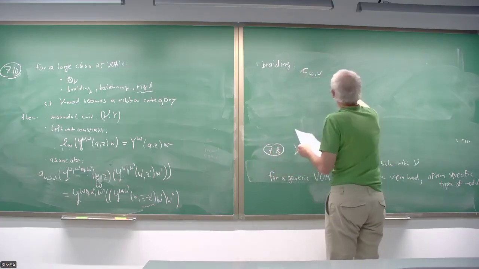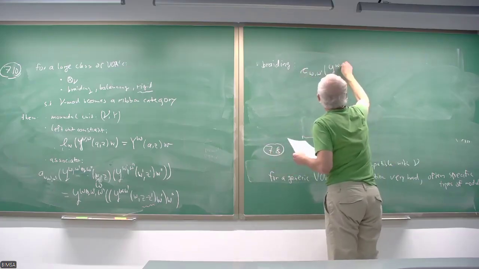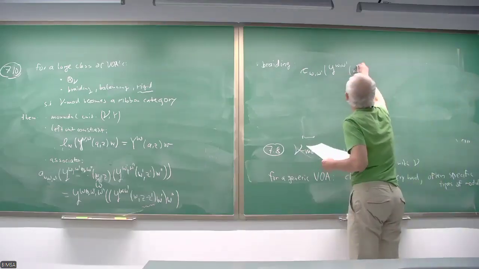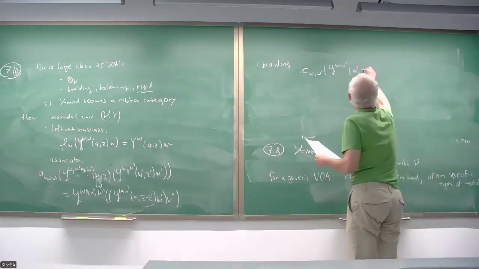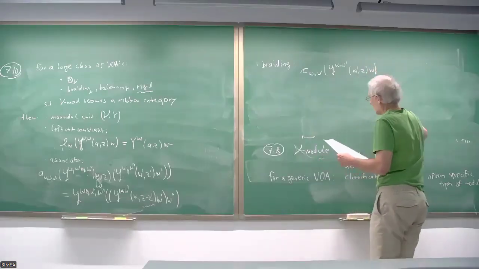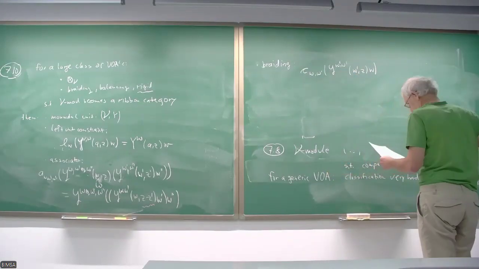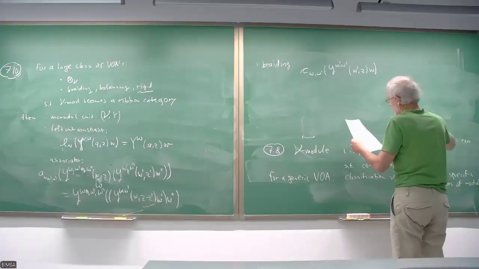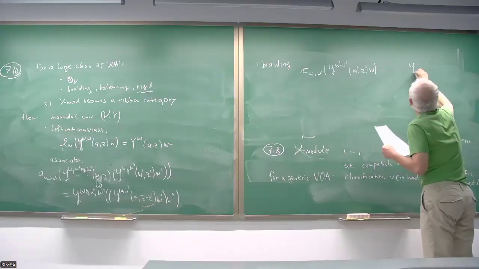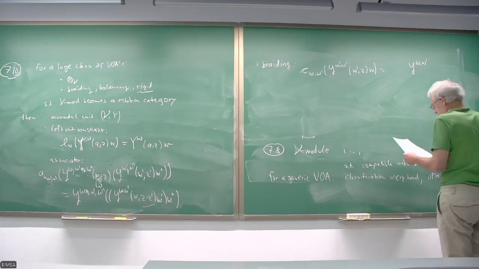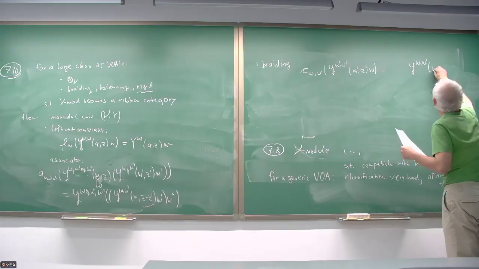Component X, W and W prime. Calculating this way, this should be W prime and W. The element here is obtained from the one for W prime.